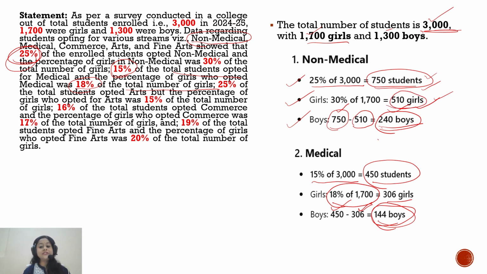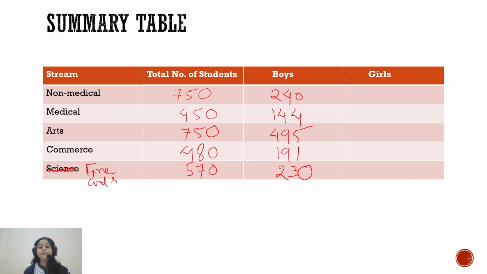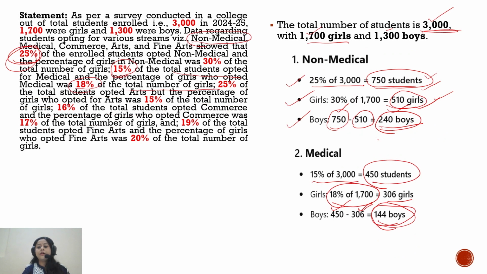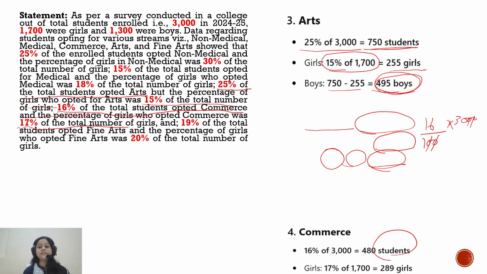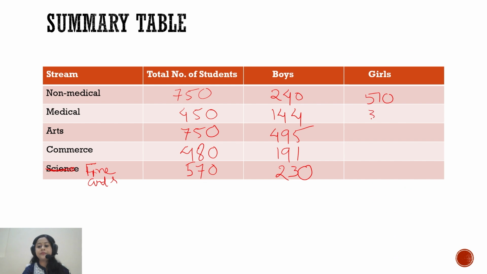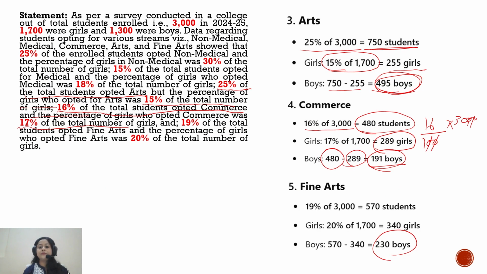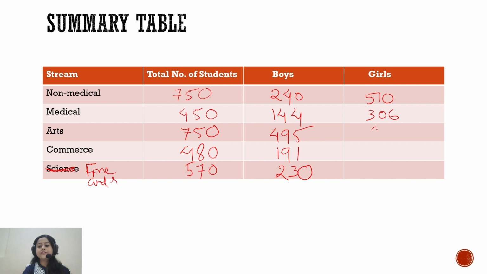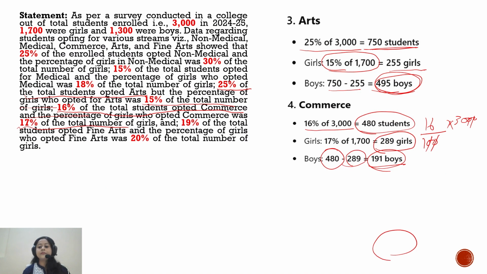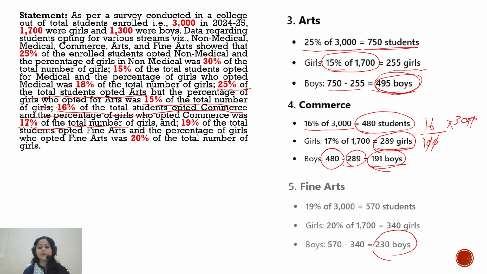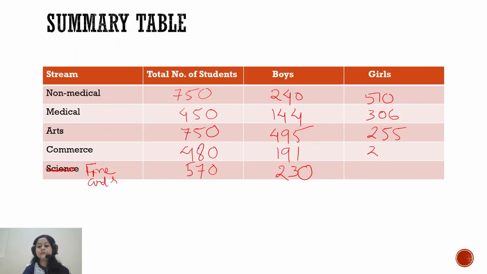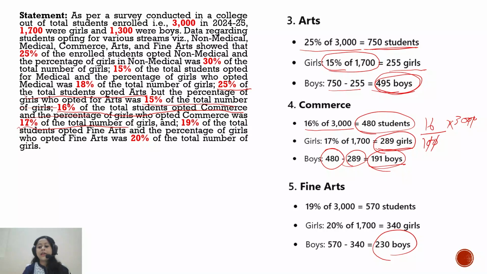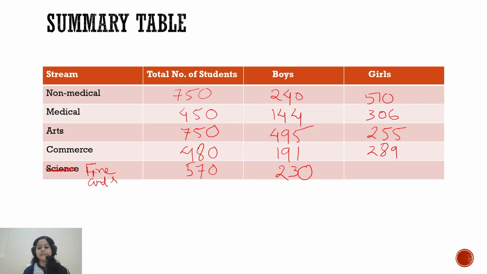So 510 girls have opted for non-medical. 306 girls have opted for medical. 255 girls have opted for arts, 289 girls have opted for commerce, and 340 have opted for fine arts. Okay, so now the table is filled up with the required data.